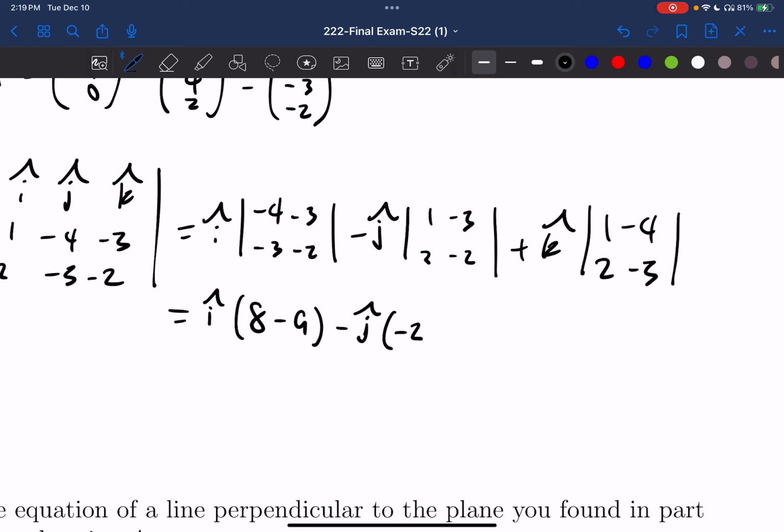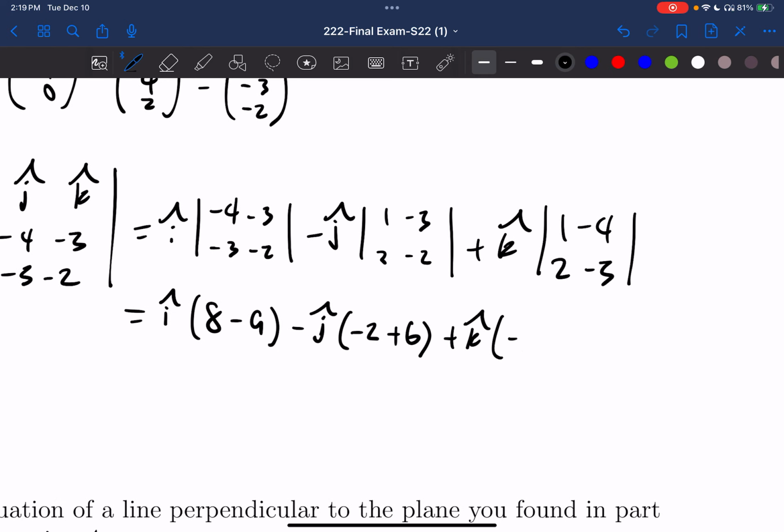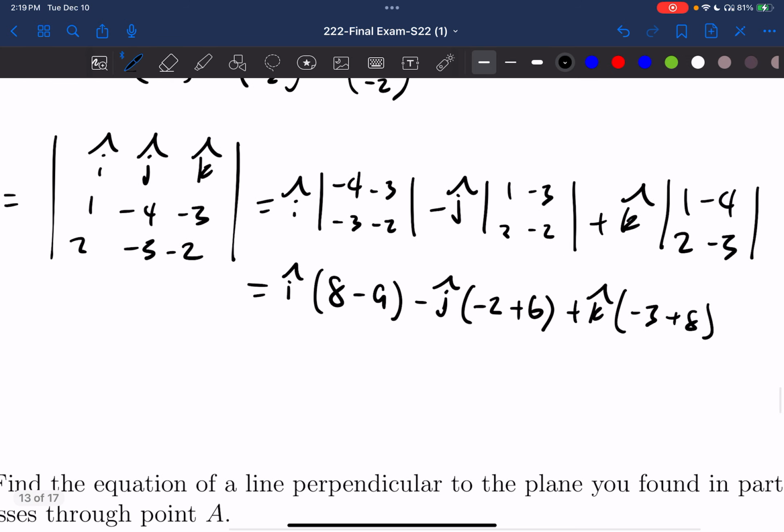So we'll have a minus a negative 6, which would be a positive 6, plus k. 1 times negative 3 is going to be a negative 3. 2 times a negative 4 is going to be a negative 8, minus a negative 8 is going to be a plus 8. So this will be equal to negative 1, negative 4, and this will be a positive 5.